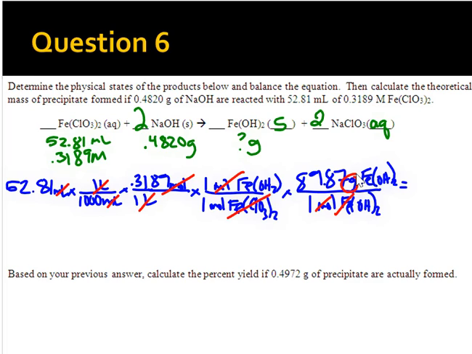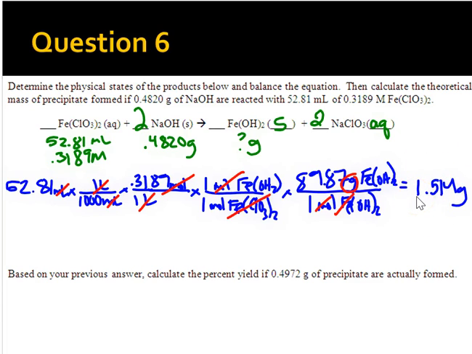If I did that correctly, with significant figures, it should be 4 sig figs, and my answer, which I'm going to write here in blue, should be 1.514 grams. So that's if I used up all of the first reactant.